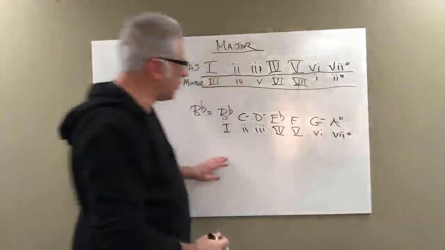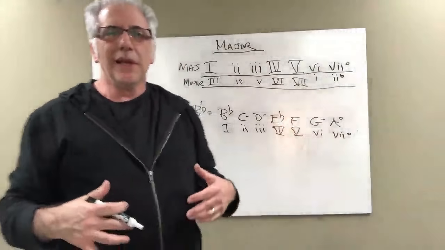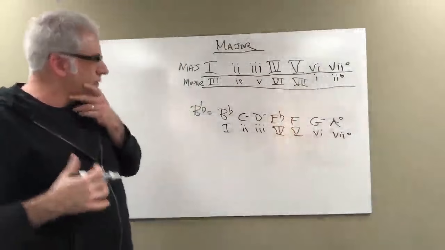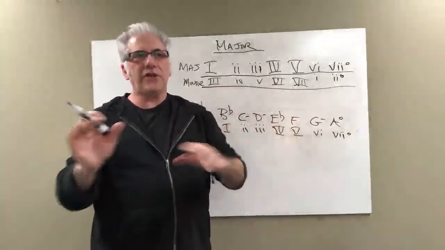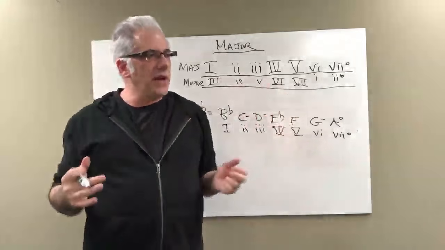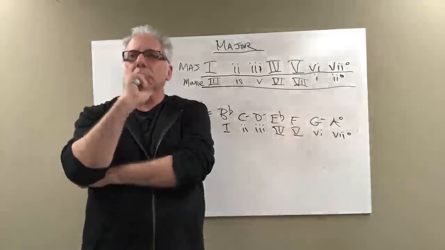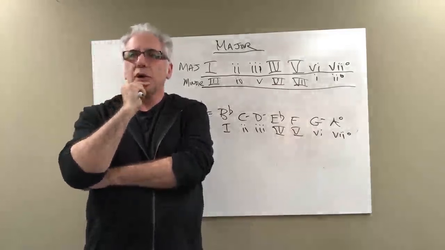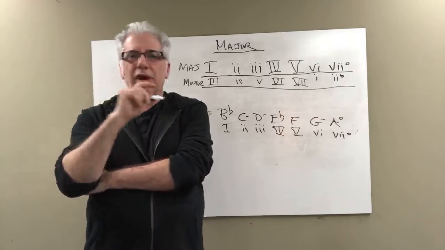This is called Roman numeral analysis. It's also the Nashville numbering system. Let's say I'm on a session in Nashville, in a demo studio. A guy comes in, I'm the session leader, and they start playing the track, and I'm listening, and I go, okay, that's the 4 chord, that's the 1 chord, that's the 6 chord, that's the 5 chord.